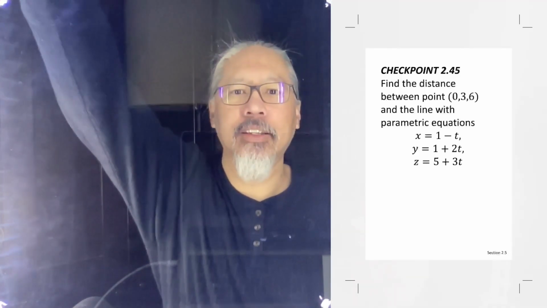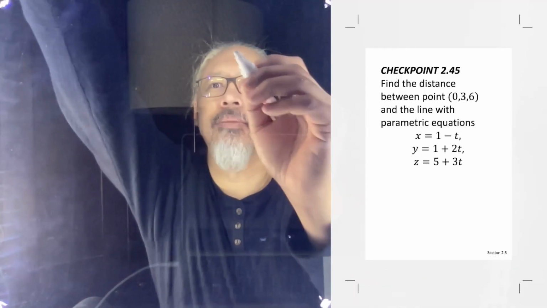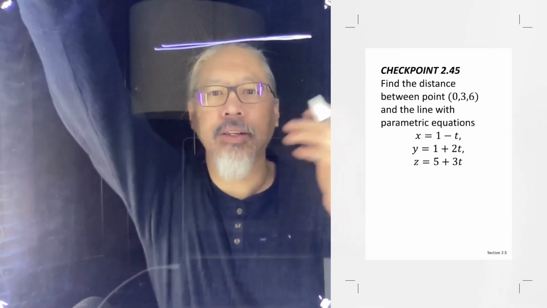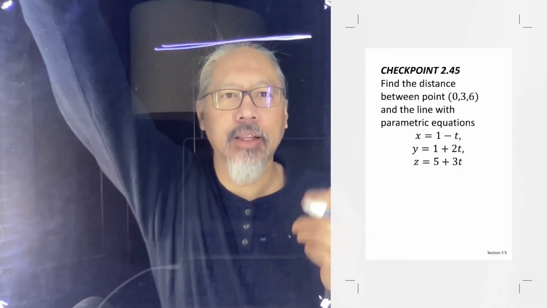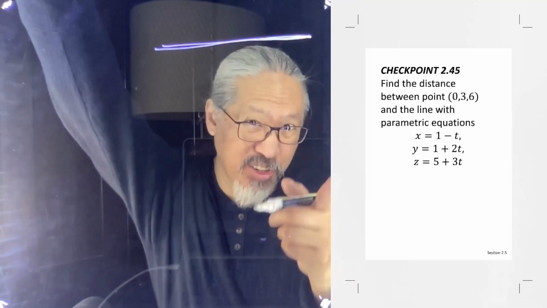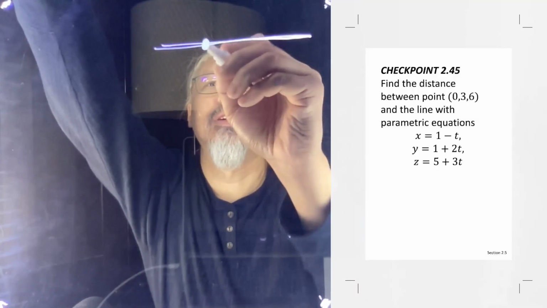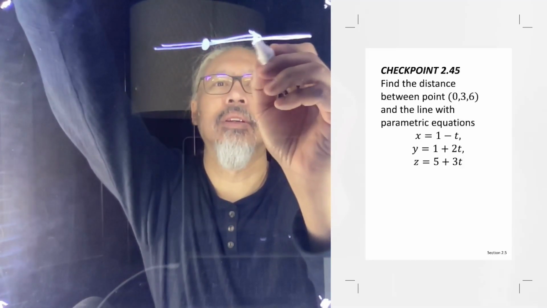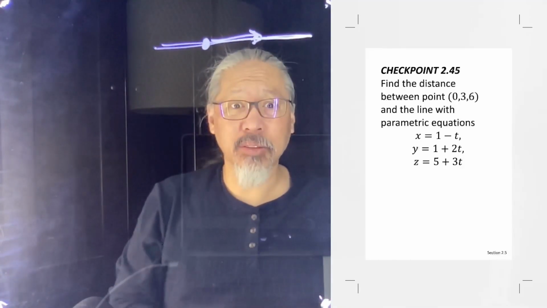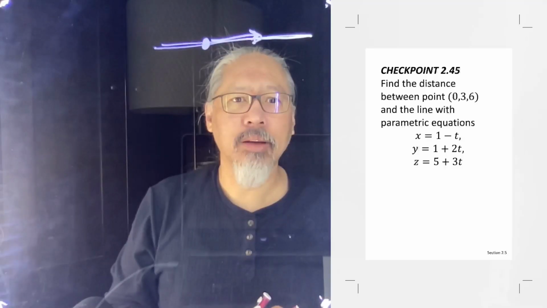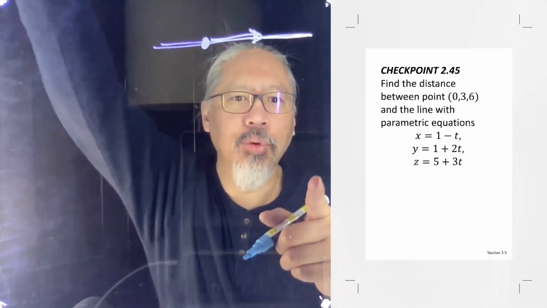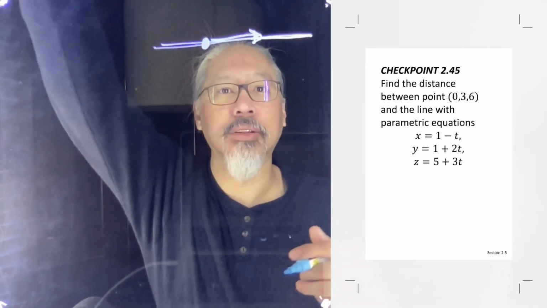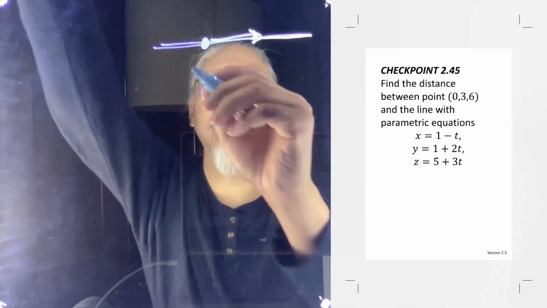Let's get the idea behind the formula first of all. Let's imagine we have a line in space somewhere, and we can extract the point and the direction that this is moving. In fact, for this line, why don't we do that now? We have the point (1, 1, 5), if we look at the constants that don't have a t in them.